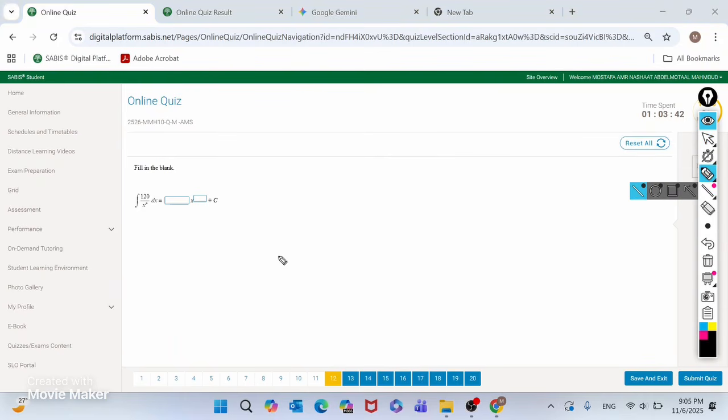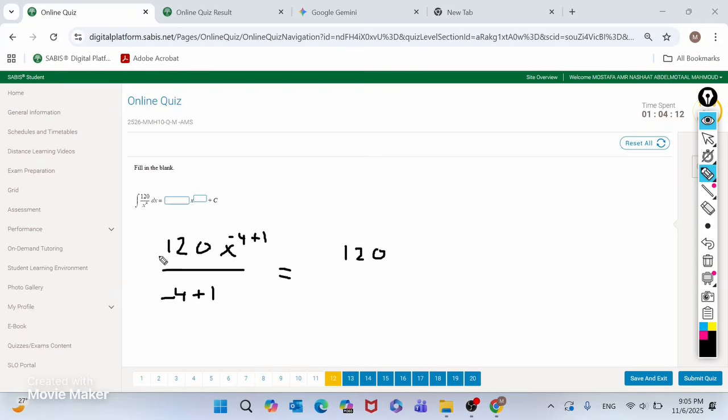Oh, okay, this one also you have to do manually. Here you're going to take the x up. So 120 x to the power of negative 4. You took it up so it became negative 4. So you add plus 1, and then you go over negative 4 plus 1. That equals 120 x to the power of negative 3 over negative 3.